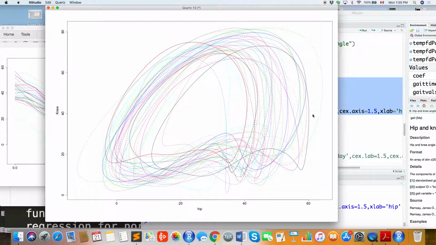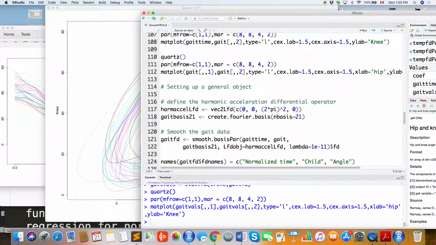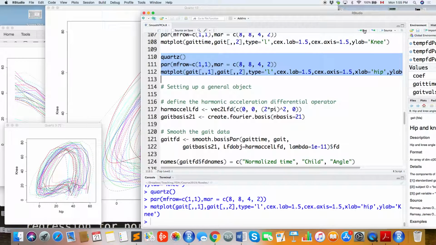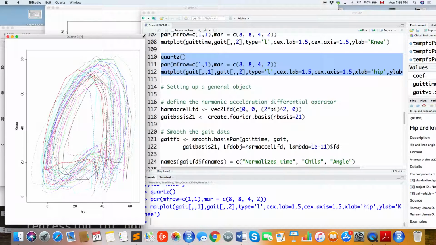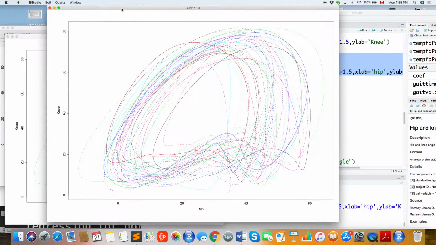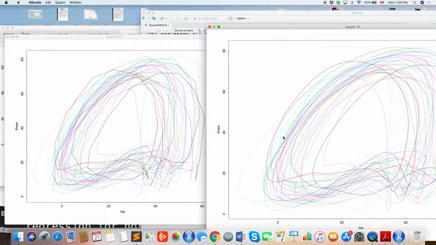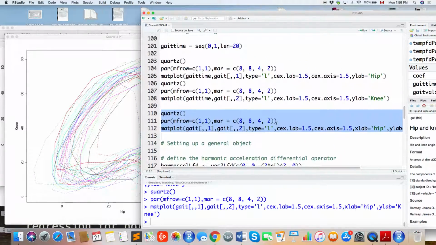If we compare to the original data, you can see that although we're using a very small smoothing parameter, the smoothing spline estimation is already much smoother than the original data.